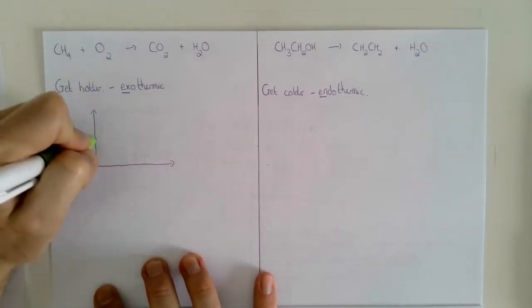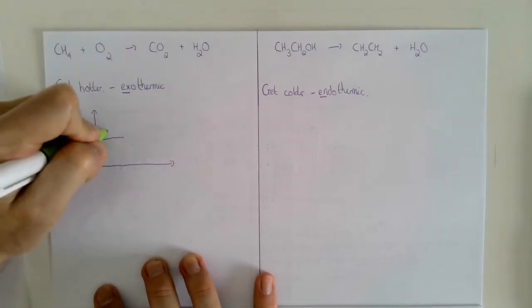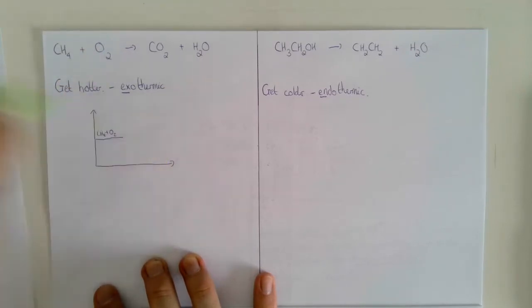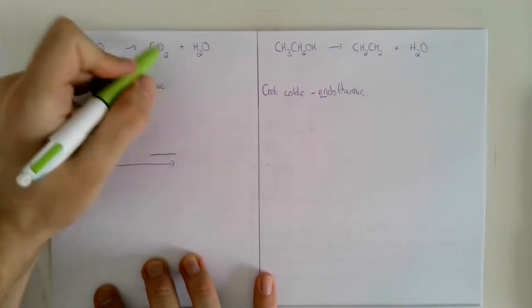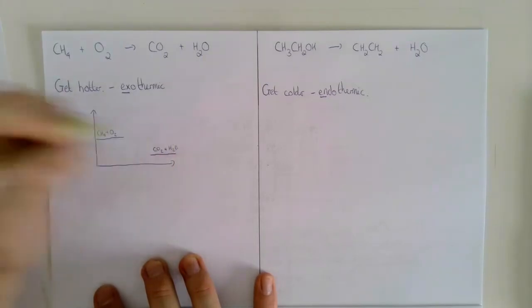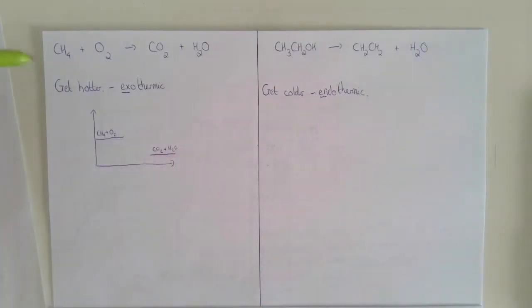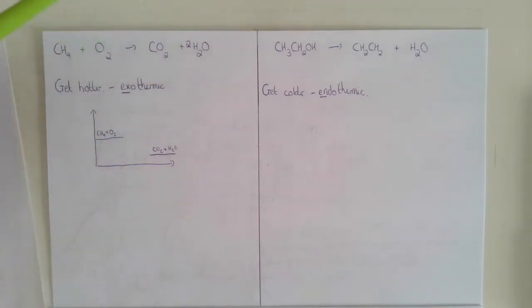So exothermic reaction, we've got my reactants, so CH4 and oxygen, and they're losing energy. So by the time the reaction's finished and made the products, they will have lost energy, like that over there. I think I need to balance this equation, don't I? 2 and 2.